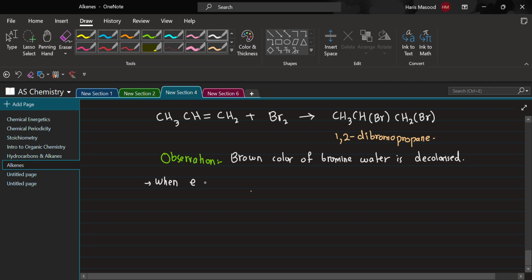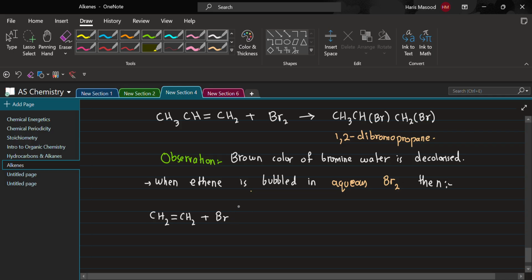When ethene is bubbled in aqueous Br2, then what will be the reaction? CH2, CH2.